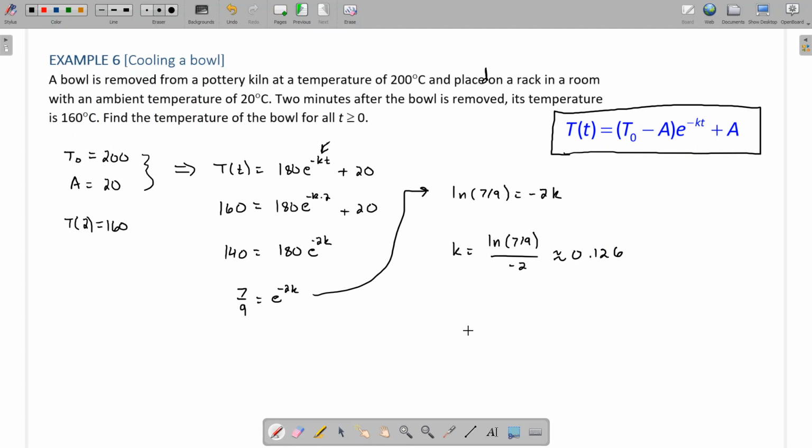And then we just plug everything back in. So our function modeling the temperature of this object would be 180 e to the negative 0.126 t plus 20.